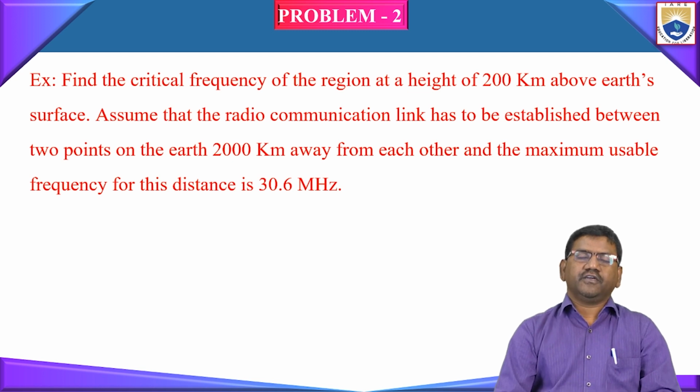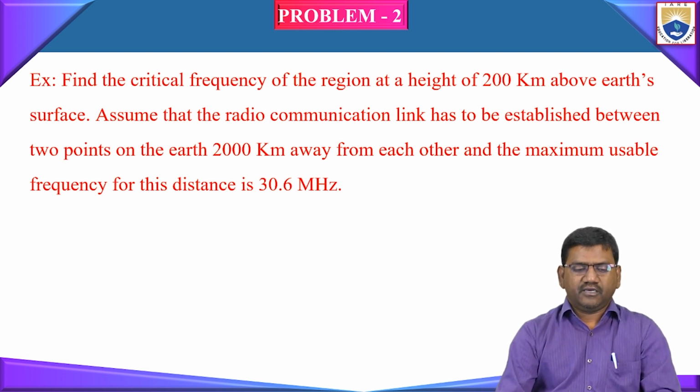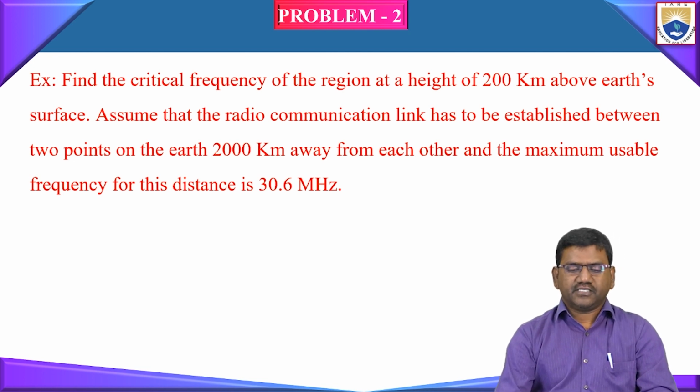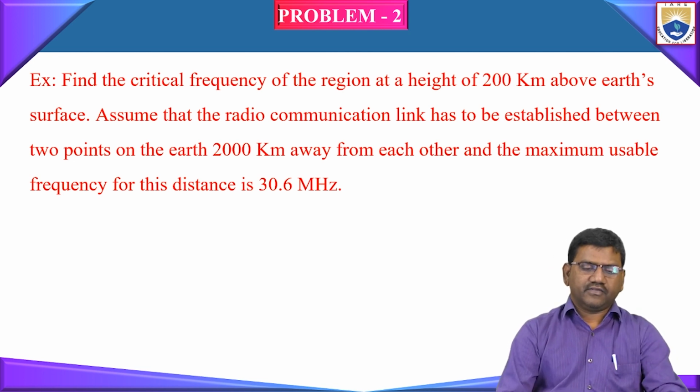In the previous problem, we determined the value of muf. In this problem, the muf value is already given and the distance is also given between the 2 points. The 2 points are the transmitting antenna and the receiving antenna, and we need to find out the critical frequency.